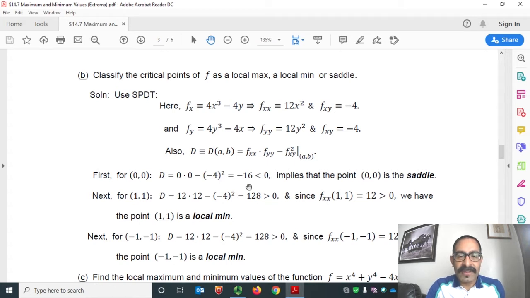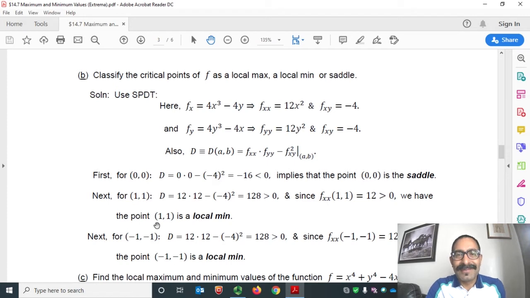Again, here we don't care about the value, we only care about the sign, whether it's positive or negative. So the discriminant is positive, then we need to check fxx at the point (1, 1). fxx at (1, 1) is 12, which is positive. That means we have a local minimum at the point (1, 1).